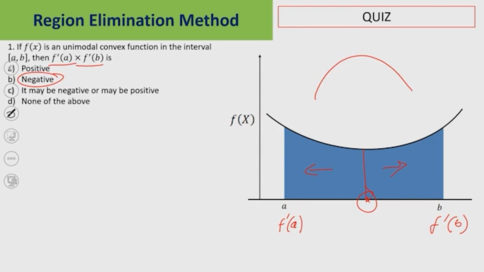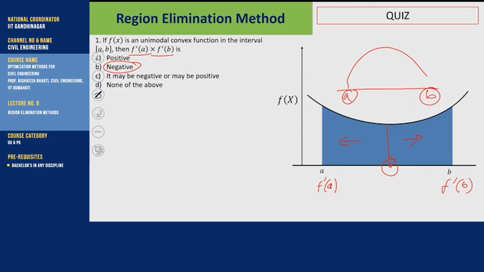Suppose this is A and this is B. If I take the derivative at A and the derivative at B and multiply these two derivatives, the sign will be negative in the case of a maximum also. That means if the product is negative, there is an optimum solution between A and B. So, this is your first question.